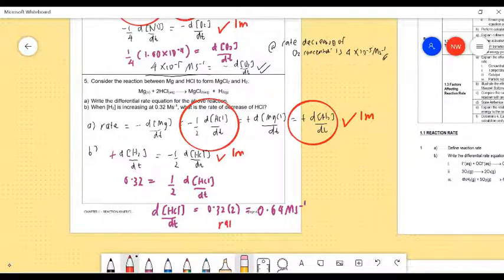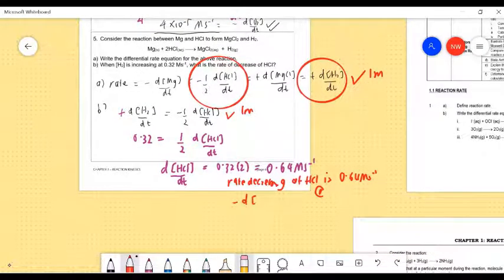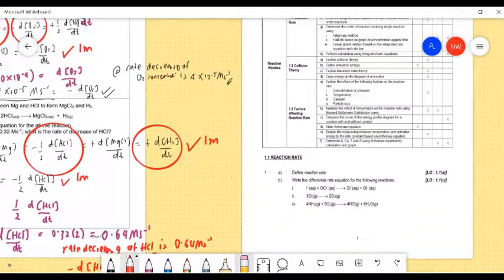So, rate decreasing of HCl is 0.64 ms negatif 1. Ataupun, kalau you malas nak tulis final statement macam tu, tulis dia macam ni. Negatif dHCl over dt equal to 0.64 ms negatif 1. Alright. So, senang saja untuk calculation.